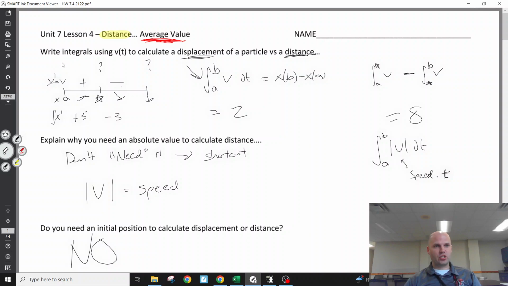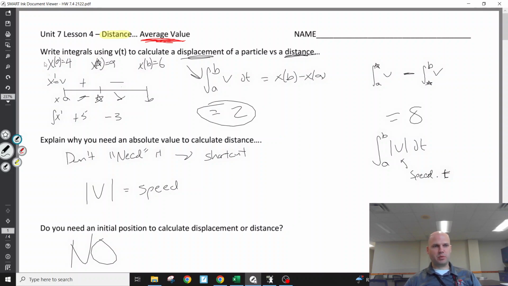Let's say for this situation, I started at a position of 4. My position at star would be 9. My position at B would be 6. Again, my displacement is 2.